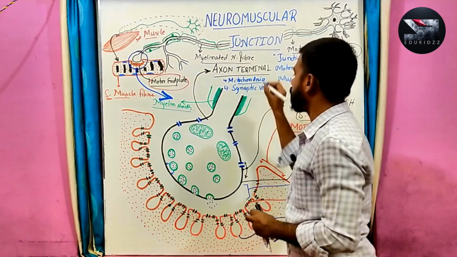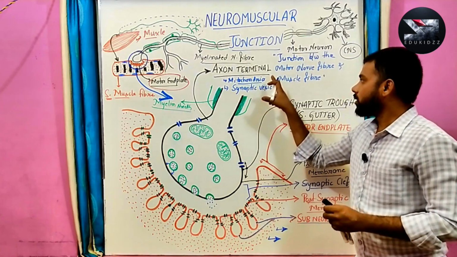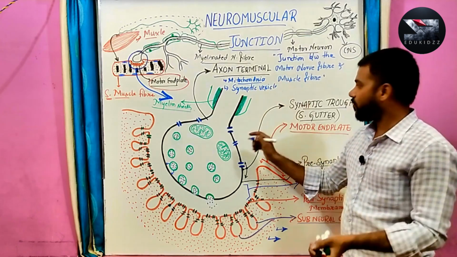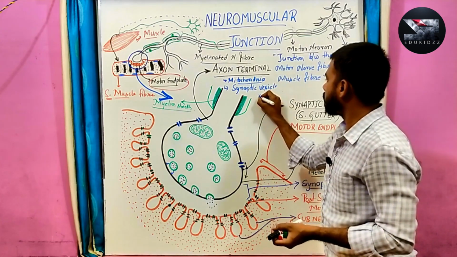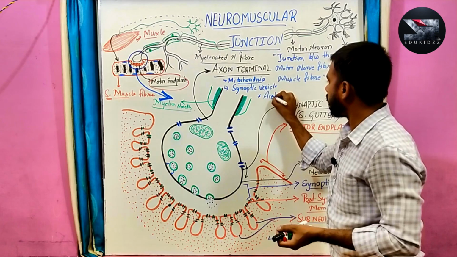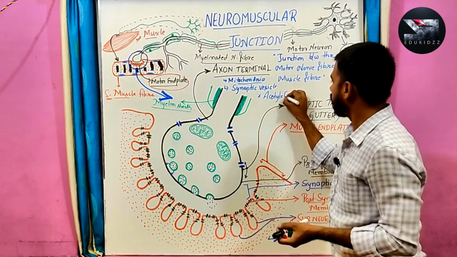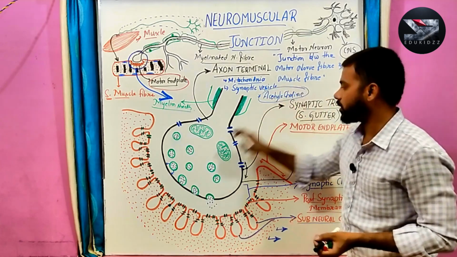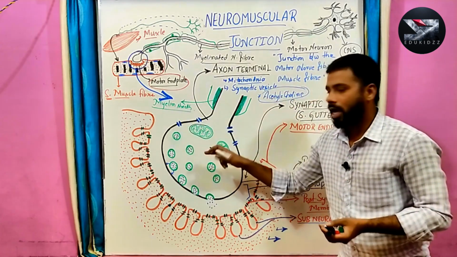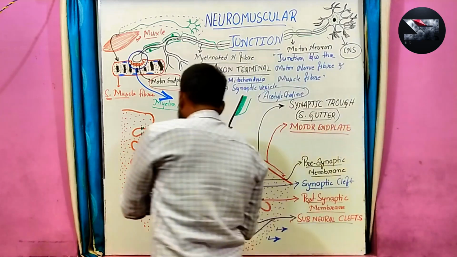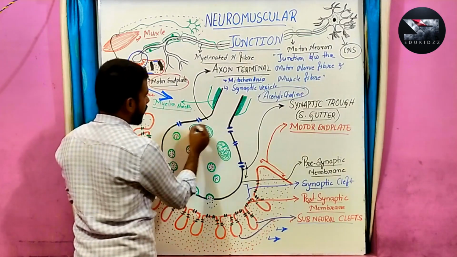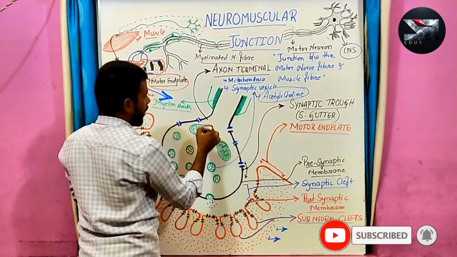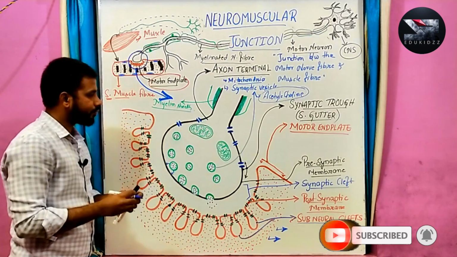As you know, it is energy, the powerhouse of the cell. The ATP synthesized by mitochondria helps in the formation of a neurotransmitter called acetylcholine. This acetylcholine is generally stored in these synaptic vesicles. In this diagram, you can see these are the synaptic vesicles and these are the mitochondria.